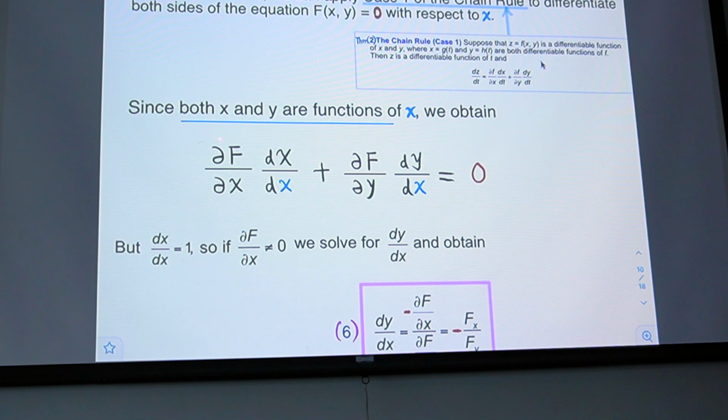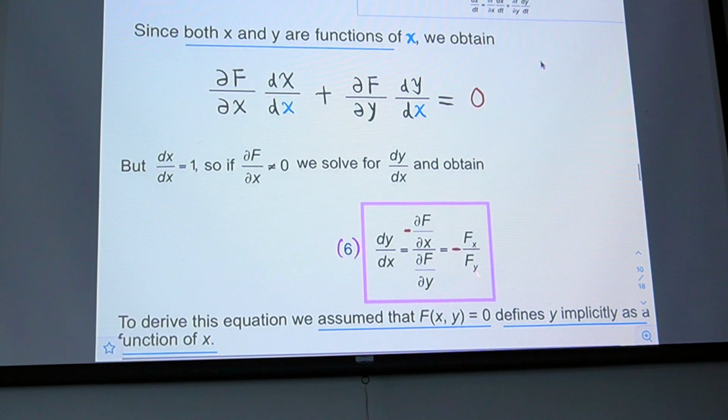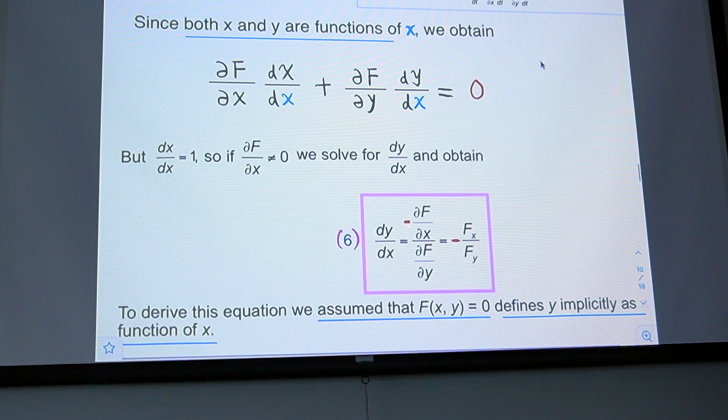Negative partial f partial x, divided by partial f partial y, right? So this is what we got over here. There's a negative sign right there.